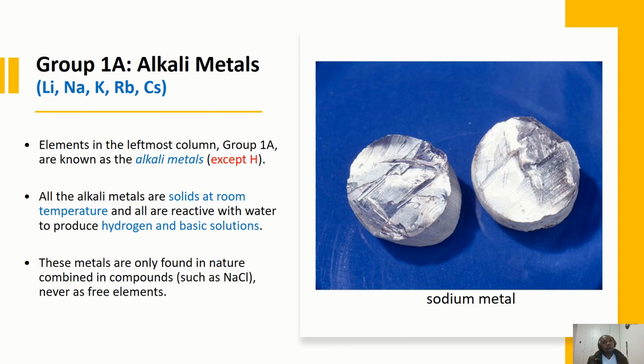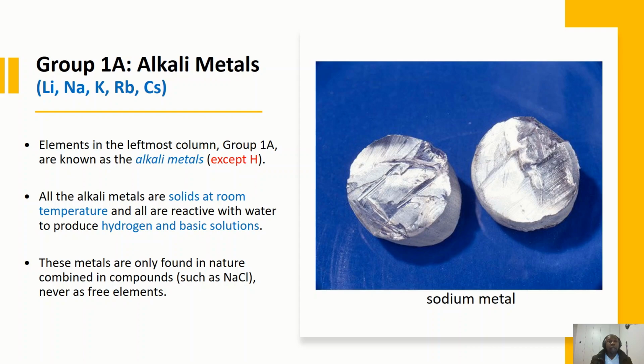All right, for group 1A. Before I go into detail, let me just say that the reason why they are called group 1 is because they have one electron in their outermost shell.